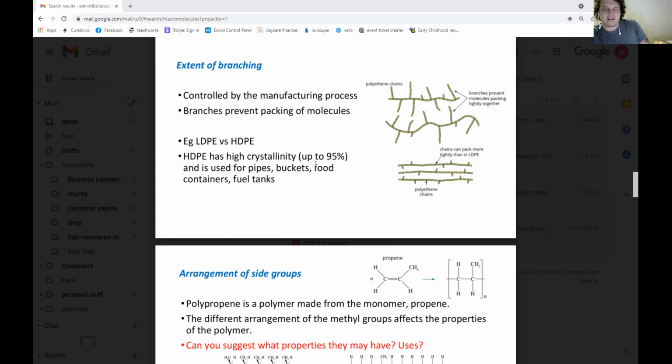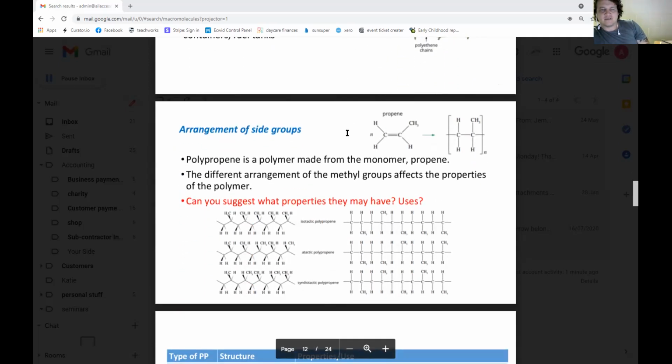The more regular the methyl groups are attached, so alternating sides is always best, the tighter they'll fit together. So the tighter they fit together, the higher the intermolecular forces.